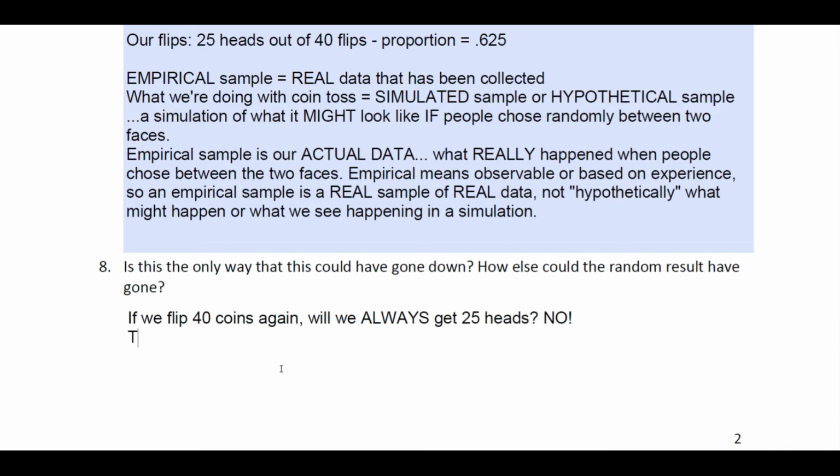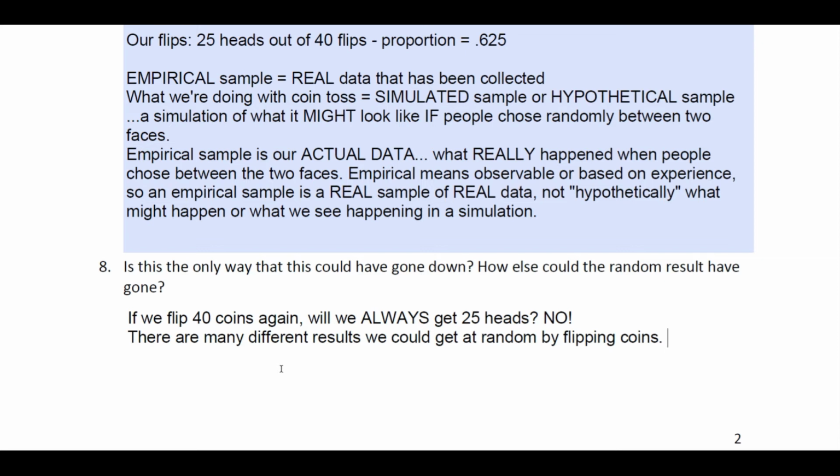So there are many different results we could get at random by flipping coins. It's even possible, right? I'm saying possible, not probable. Those are two different things.